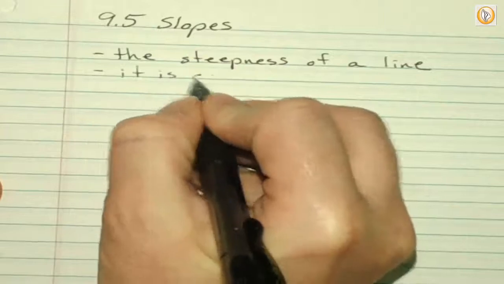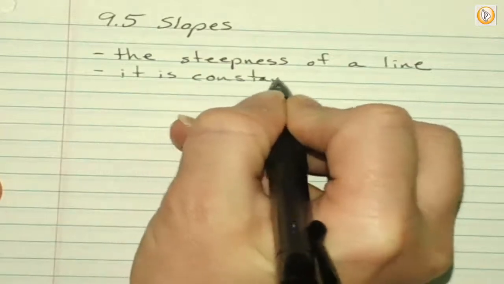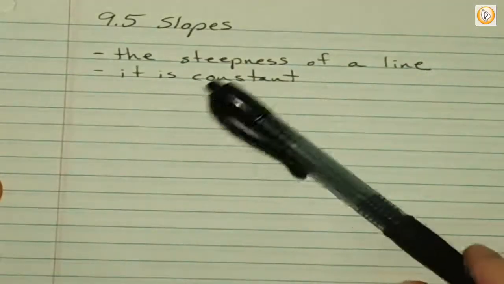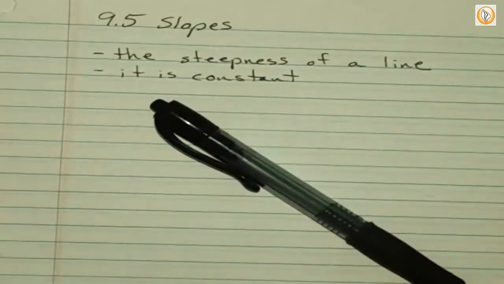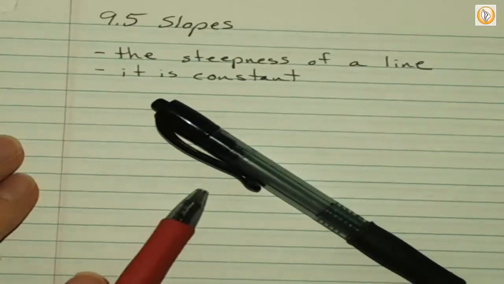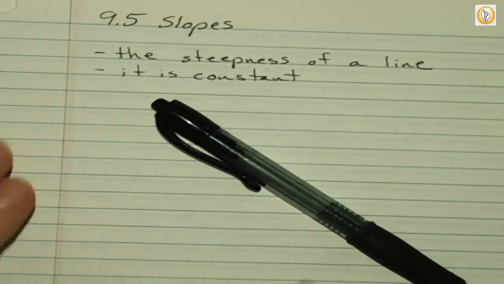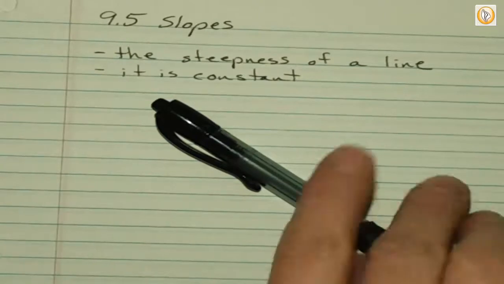It is constant, meaning it doesn't stop. Lines go on and on, right? Well, so does the slope. No matter if it's right here, right here, or right here, the slope is the same. It's constant. No matter where you are on that line, it is constantly the same.